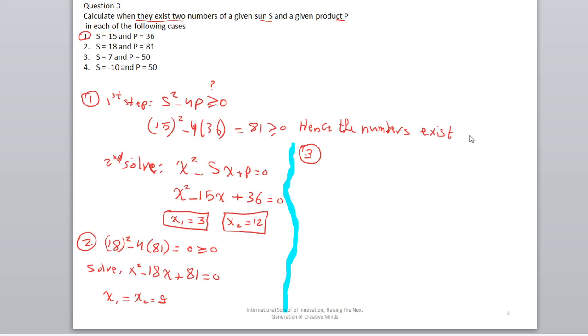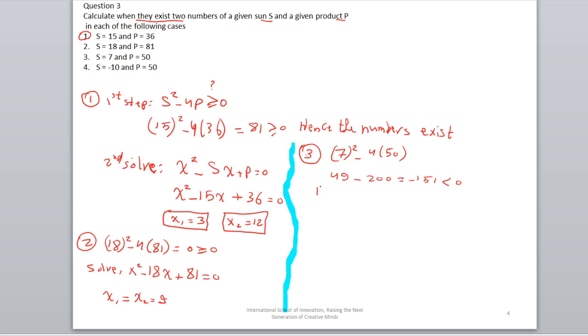Here s is 7, so 7 square minus 4 times 50. This shows that the numbers don't exist. Why? Because 7 square is 49, and 4 times 50 is 200. 49 minus 200 is definitely negative. The answer is minus 151, which is less than 0.